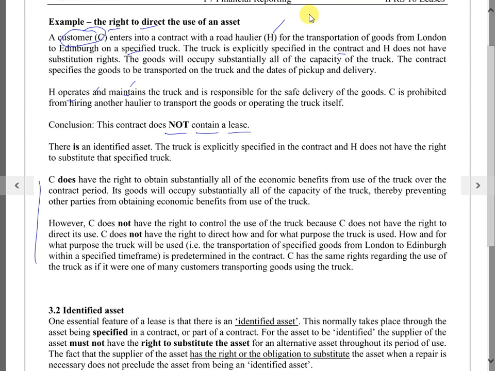The transporter will then book a truck to help us transport the goods. But do we have control over the truck? Over here, we have no control over the truck, because the haulier operates and maintains the truck. We do not operate, we do not maintain the truck. So we have no control. Therefore, it does not contain a lease.